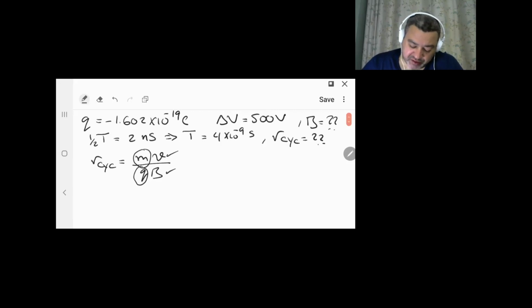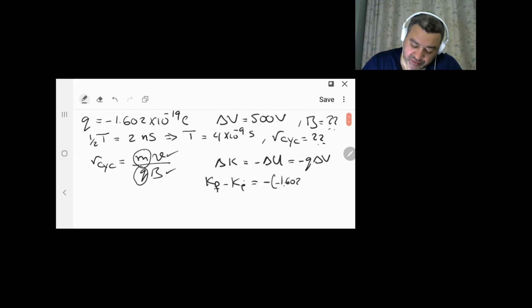So in order to calculate the velocity, remember I can go to the conservation of energy by equating the kinetic energy to the electric potential energy, which is delta K equals minus delta U. However, since I know the charge and I know the electric potential difference, then this equals minus Q delta V. This is Kf minus Ki, and this equals minus 1.602 times 10 to the power minus 19 times 500.